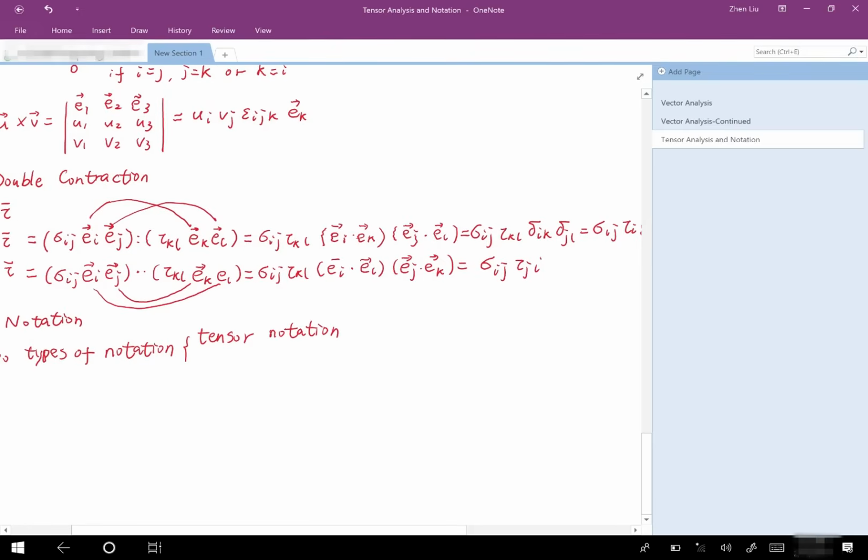For tensor notation, we just write down things in different ways, and also use different symbols for different operations between different tensors. It's very simple, it's very concise, but you need to remember the meaning of each term, and also remember the meaning of the operation between any two terms. So you know the meaning, then you can write it in this way.